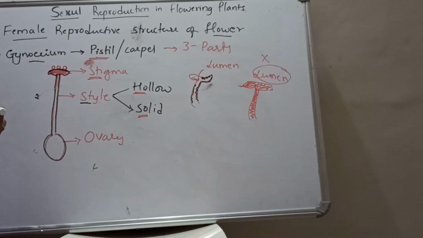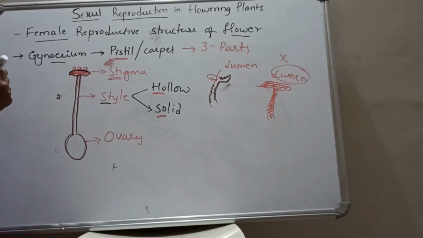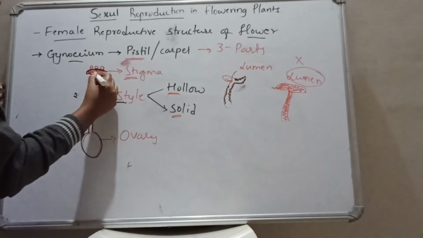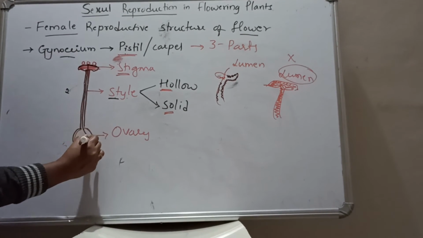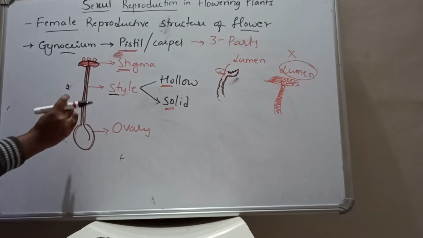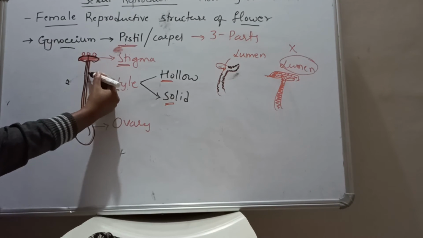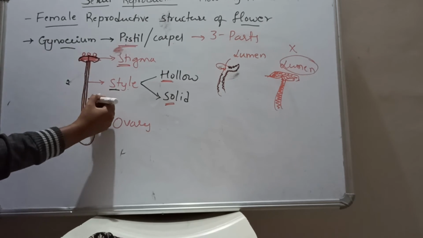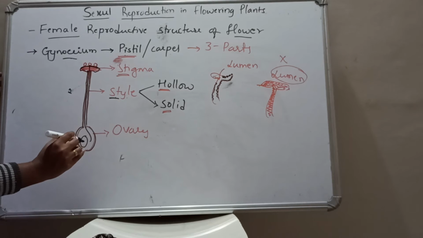When pollination takes place, the pollen grains produce the pollen tube, and that pollen tube enters through the style and reaches the ovary. The style helps the pollen tube penetrate through it, and that tube reaches the ovary.